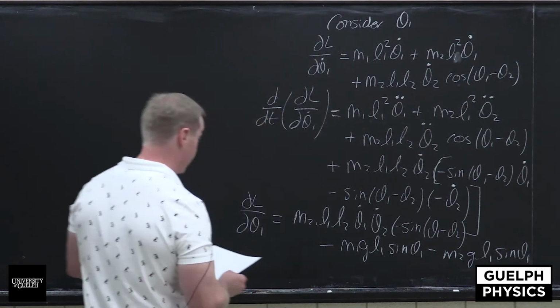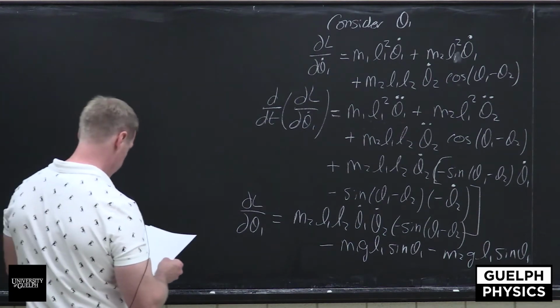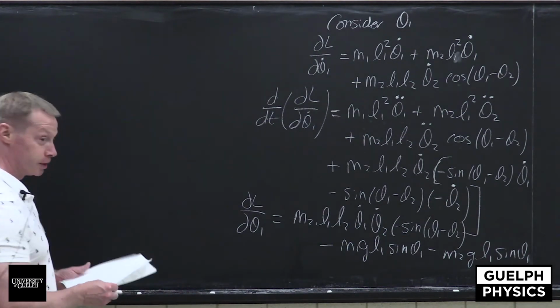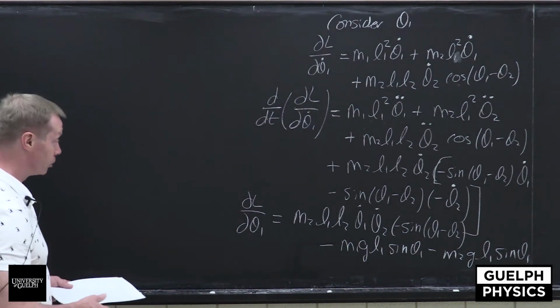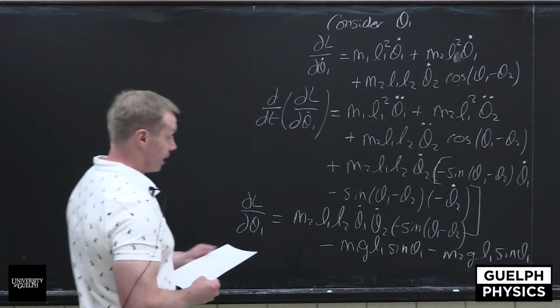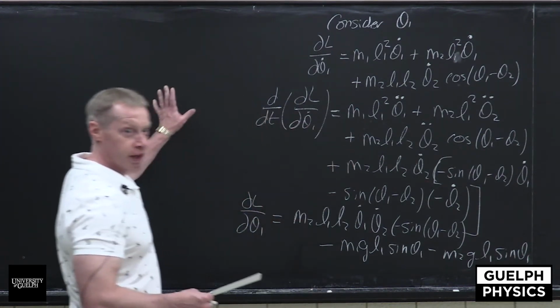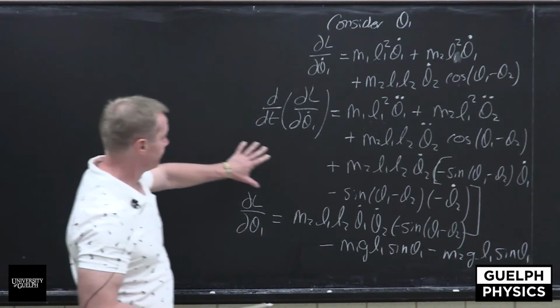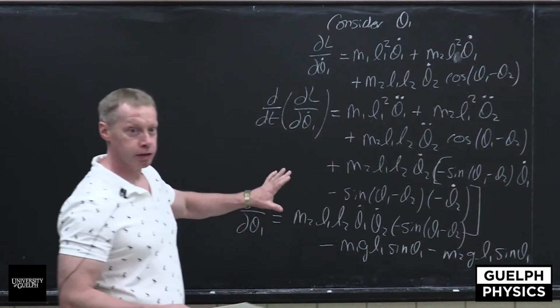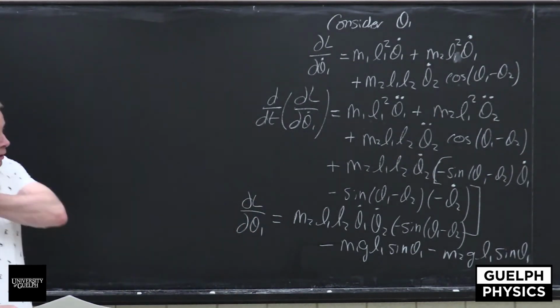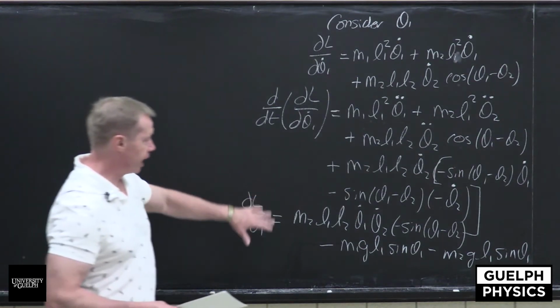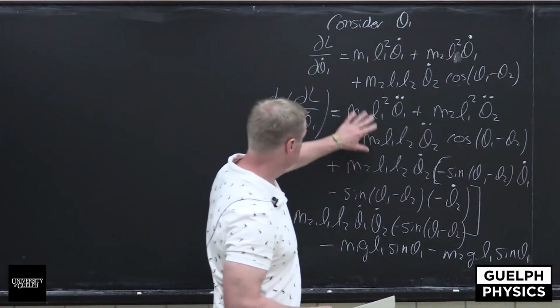So now that we have all those terms, we can put together our equation of motion. I could write this whole thing out on the board. I don't think I'm going to do that because it's not overly illuminating, and everything that we need is right here in front of us.